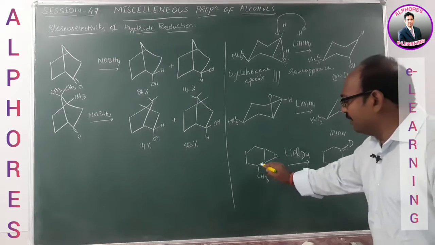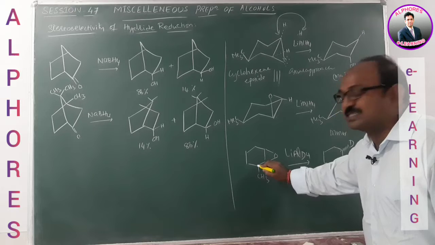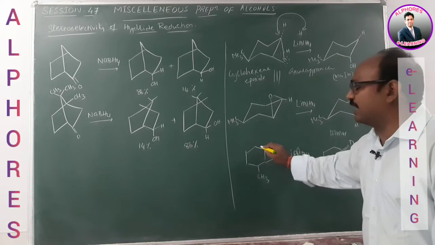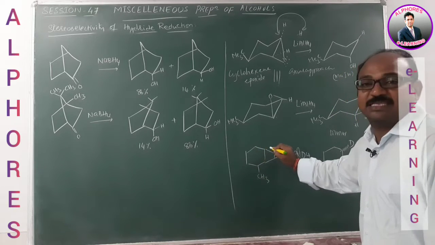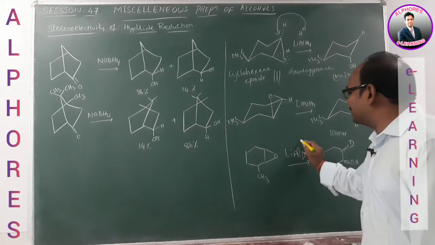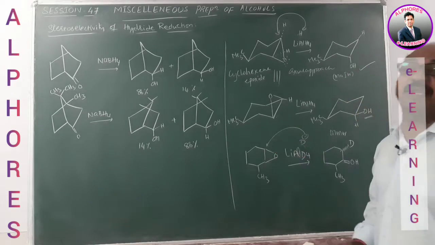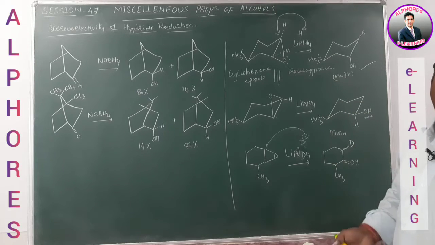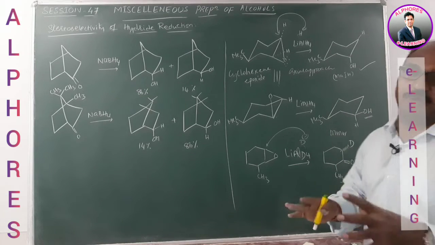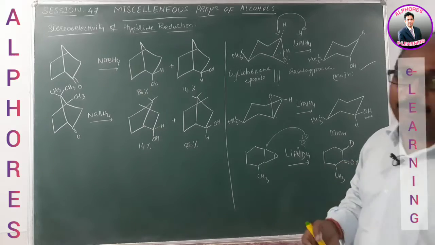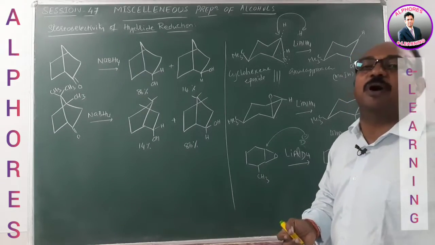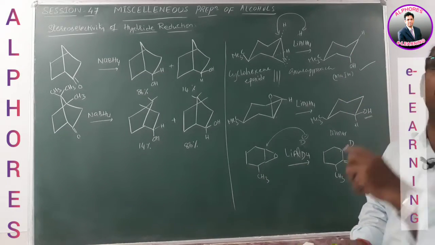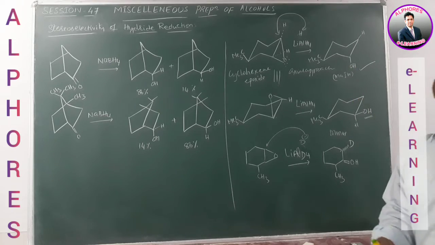With respect to this epoxide, this carbon is more bulky and this carbon is less bulky. That means less hindrance. This D minus prefers to approach in this direction. As we learned in previous sessions, a bulky reagent attacks an epoxide at the less hindered carbon rather than the more hindered carbon.